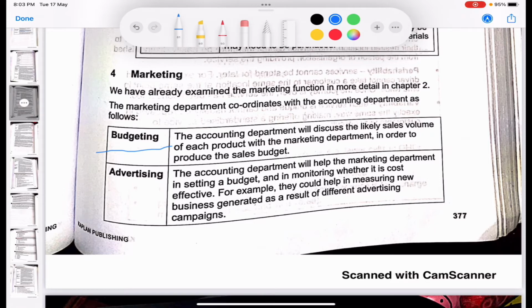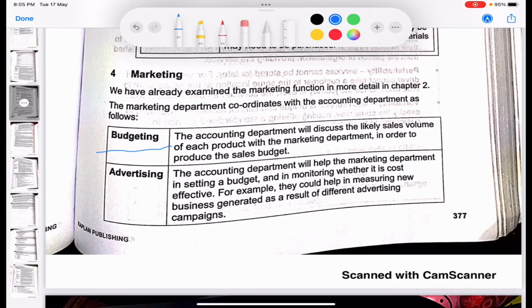So the marketing department collaborates with the accounts department in order to find the same. Okay. And then we have advertising. The accounting department will help the marketing department in setting a budget and in monitoring whether it is cost effective. So for example, they could help in measuring new business generated as a result of different advertising campaigns.